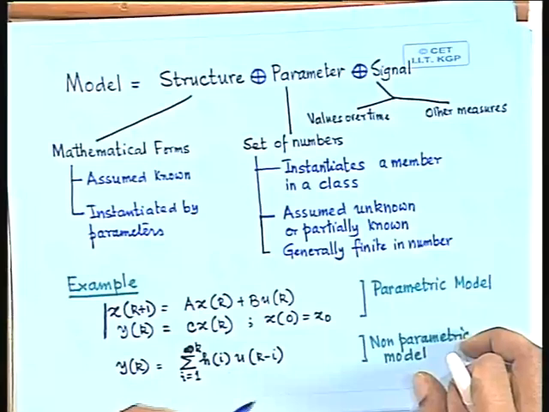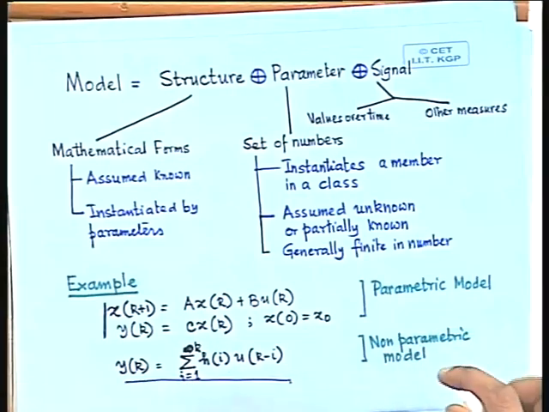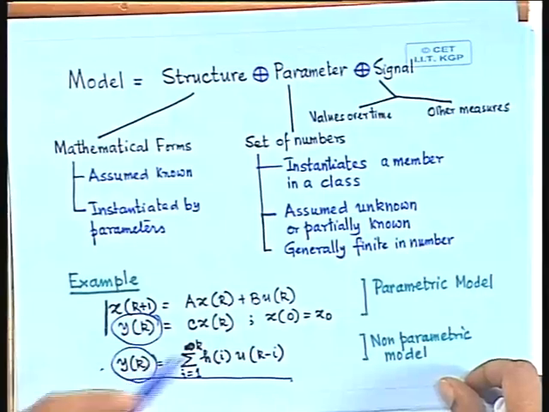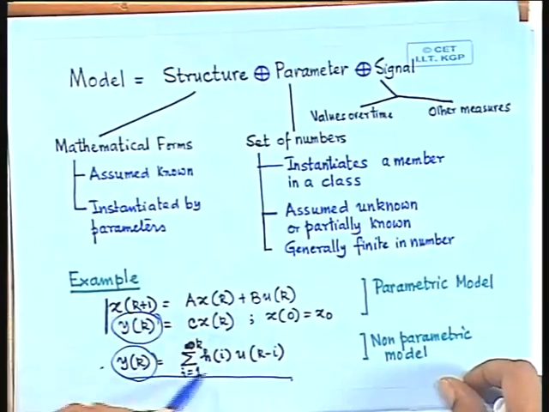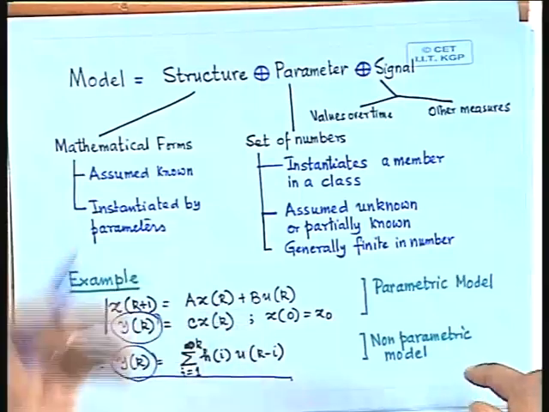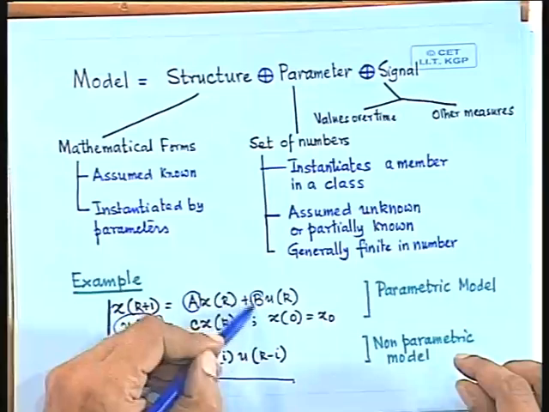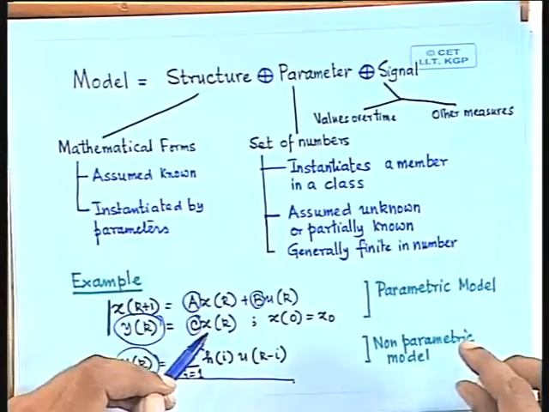For example, the same system is either described like this or described in terms of its impulse response. Now the impulse response could very well be of infinite duration. It does not come to 0. In which case this model, with the same y(k) and the same u(k)'s, is described by an infinite set of parameters as k goes on, while this is always described by the elements of A, elements of B and elements of C, which are always finite.